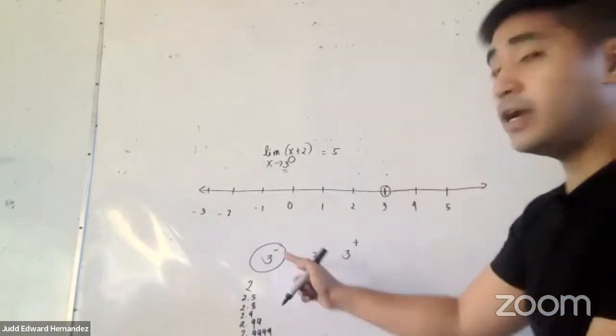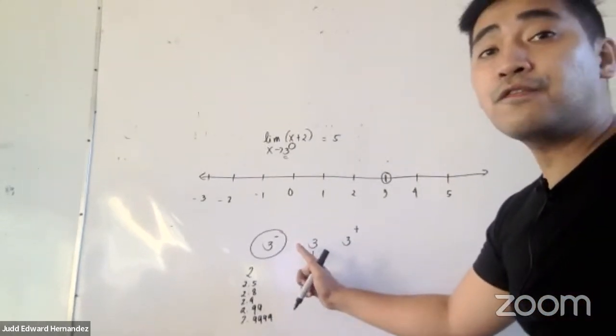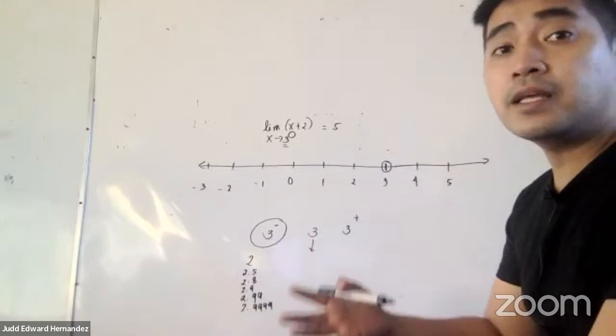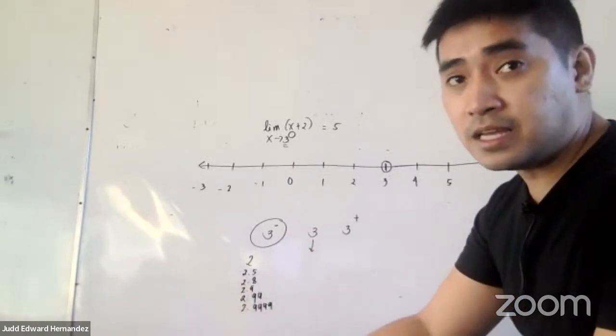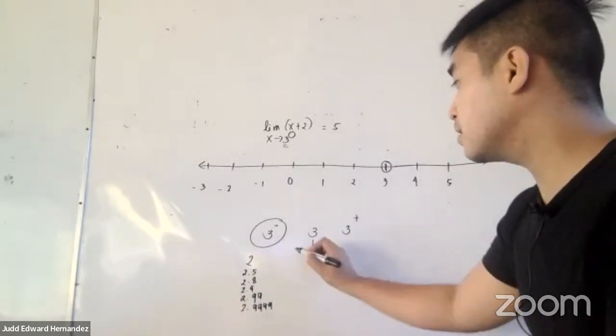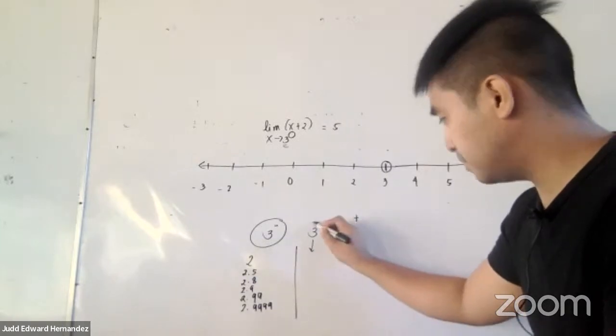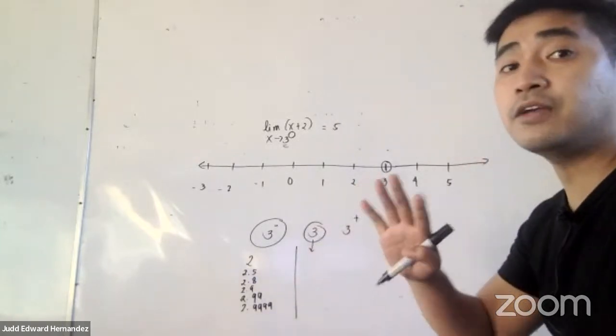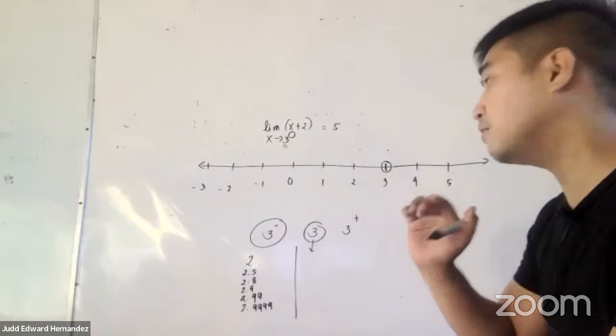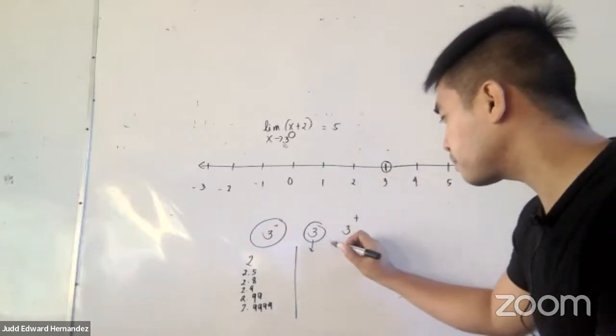So, those are values of 3 from the left, but it is not exactly 3. Okay? So, gets po ba? So, this is the middle value. So, siya talaga yung exact na value nung limit natin.